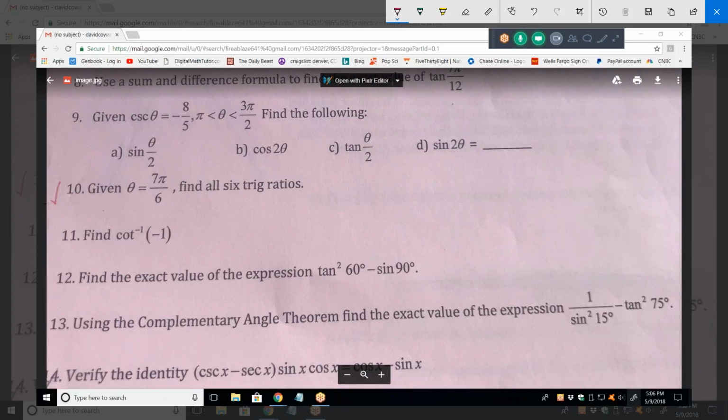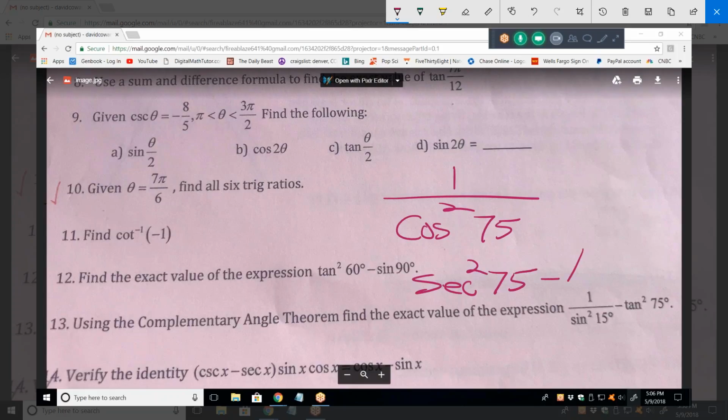1 over sine squared of 15 degrees. Well, that's the same as 1 over cosine squared of 75 degrees, which is the secant squared of 75.